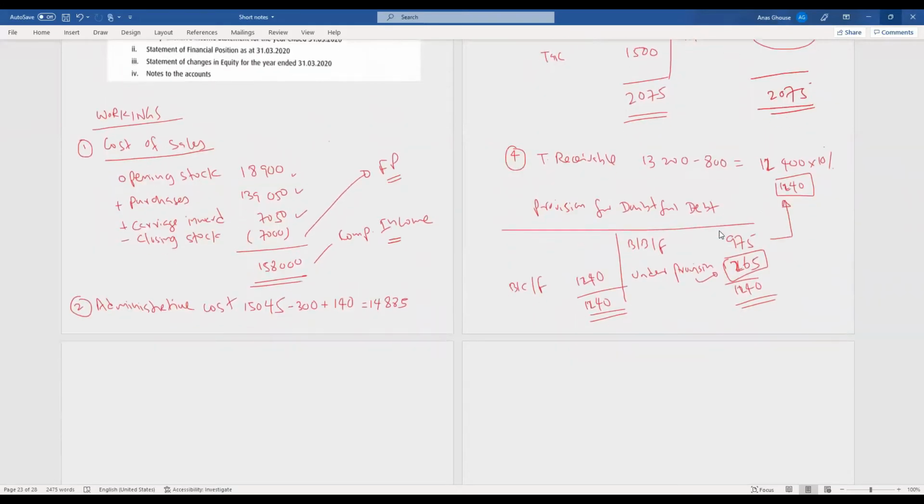So basically, your accounts receivable should reflect as 12,400,000 in the financial position. The provision will also be reflected in the financial position.